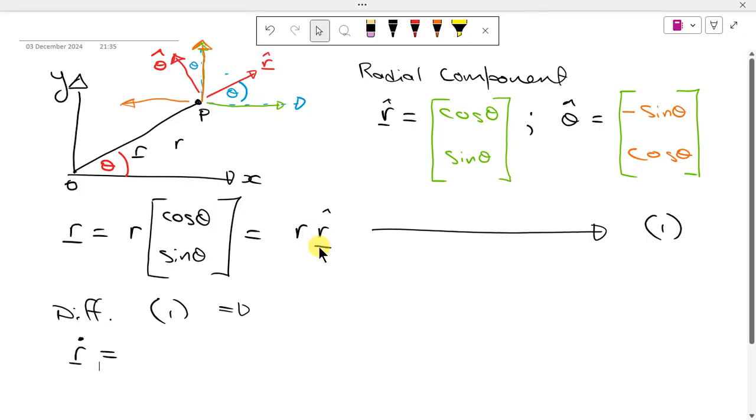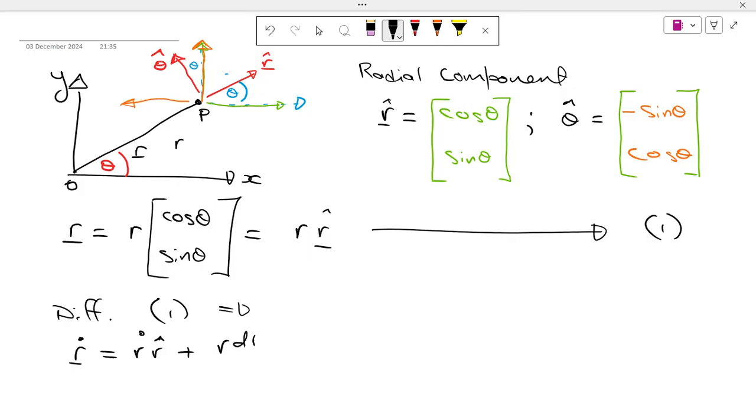And what we get is r dot r hat, plus, and then we leave the r alone, and we differentiate the r hat.